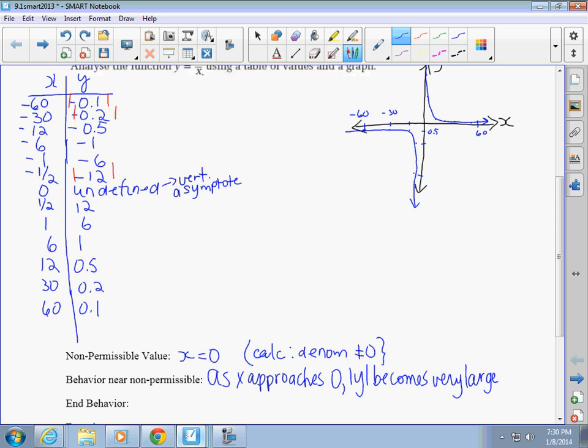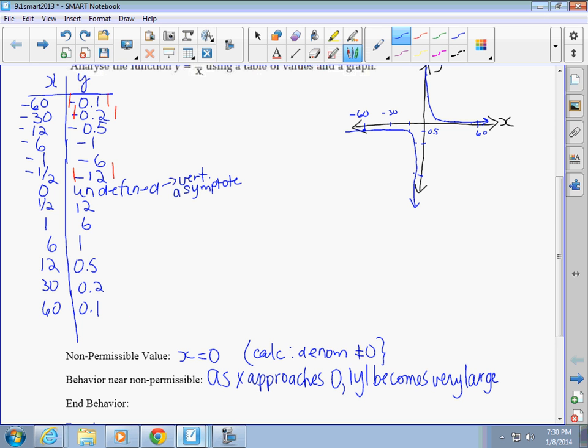Okay, my end behavior. So the end behavior is when you're finished filling in your graph here, basically. As you're looking at your x values, as your x numbers are getting bigger, your absolute value of y then is getting closer and closer to 0. So at 6, my absolute value of y was 1.